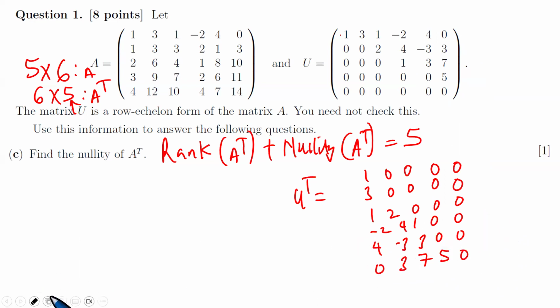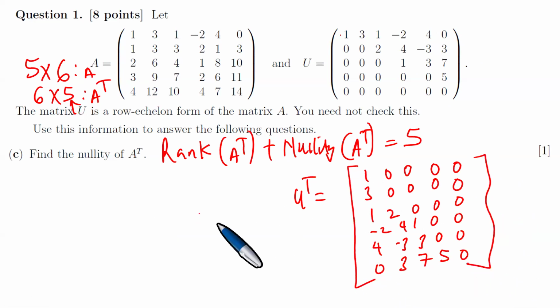Okay, now let us focus on this matrix, obviously, because we're looking at A transpose. We want to determine the rank of this, but with the rank, we actually focus on the non-zero rows. So how many non-zero rows are there? Right, so 6. Okay, that's very interesting.